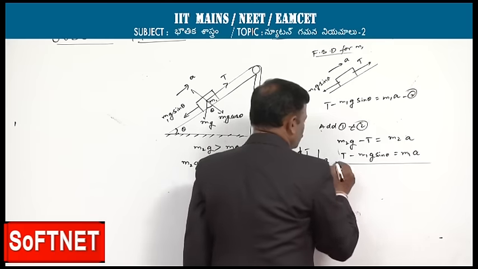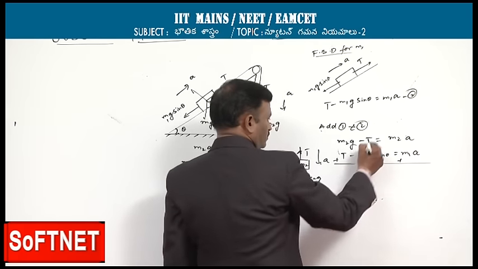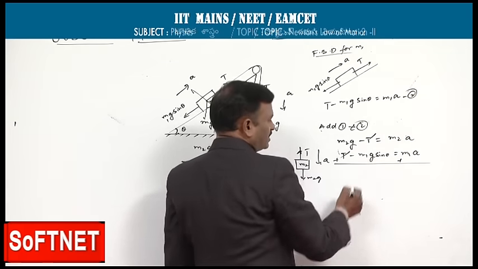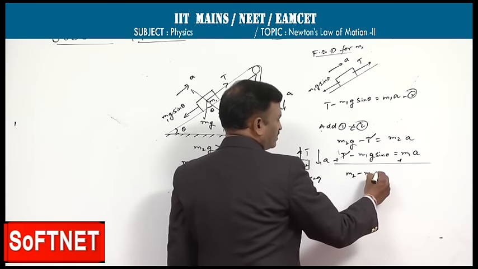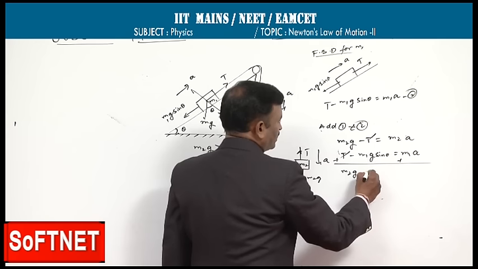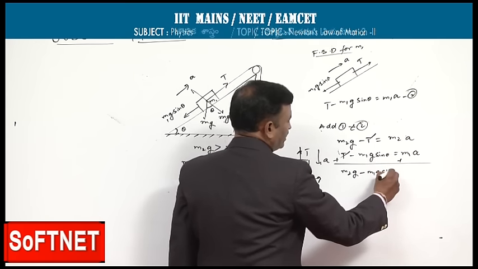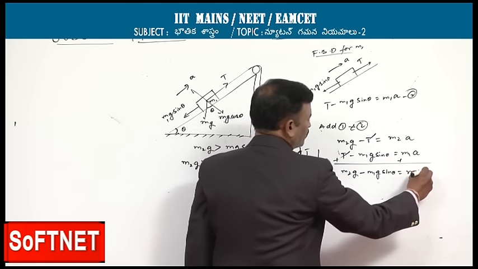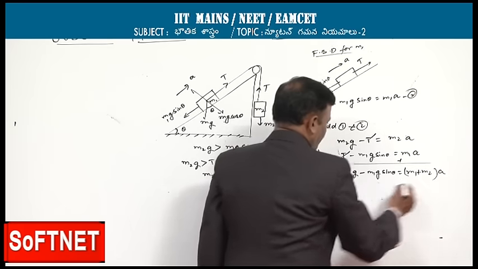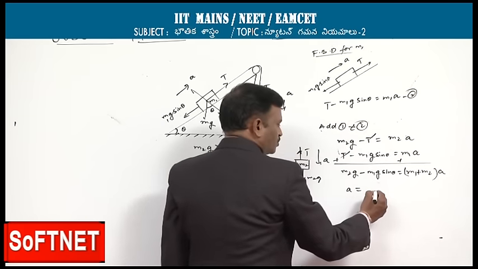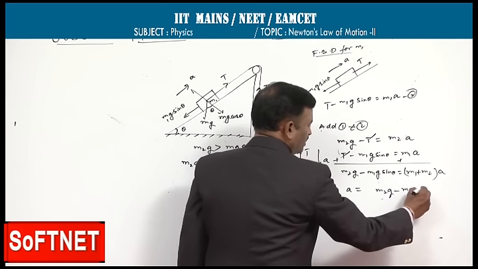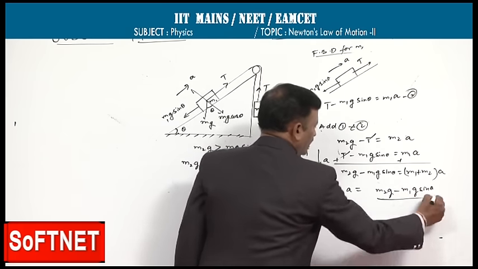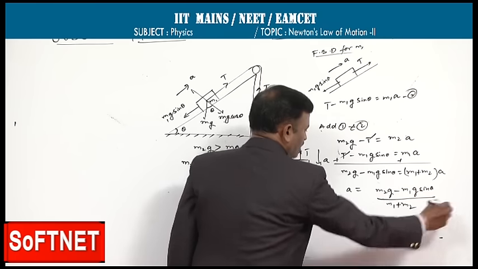By adding these two, minus T plus T gets cancelled, that is m2g minus m1g sin theta is equal to m1 plus m2 into a. Finally, a is equal to m2g minus m1g sin theta by m1 plus m2.